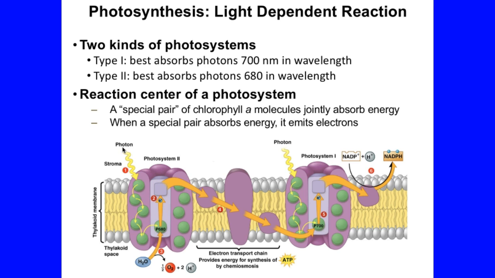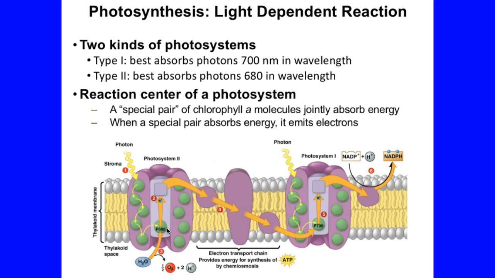The light energy, which travels in the form of photons, hits this light harvesting complex. The light energy is transferred from one to the next, and finally it comes in to the reaction center.